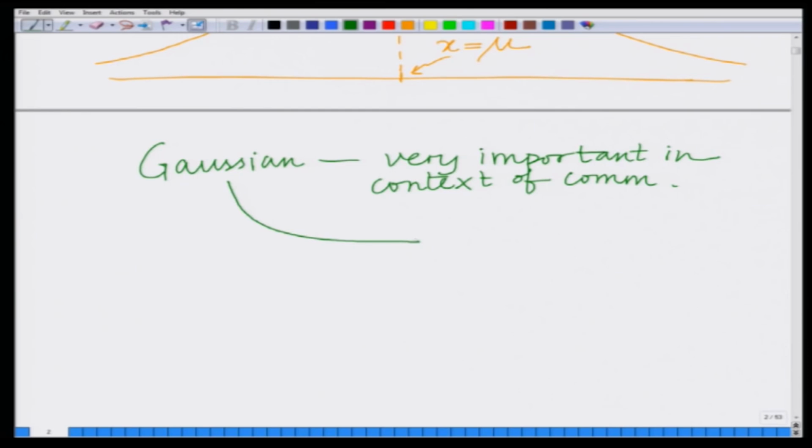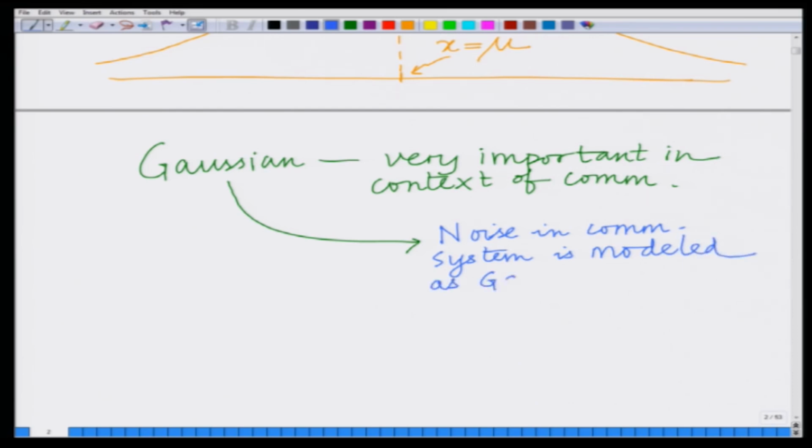So this is one of the most important applications of the Gaussian. Noise in a communication system is modeled as a Gaussian random variable or a Gaussian process, as we are going to see in the next couple of lectures.